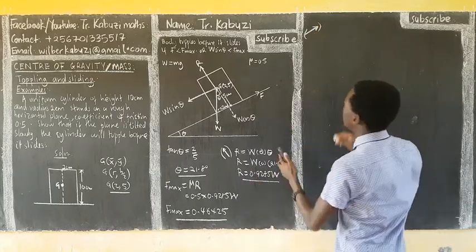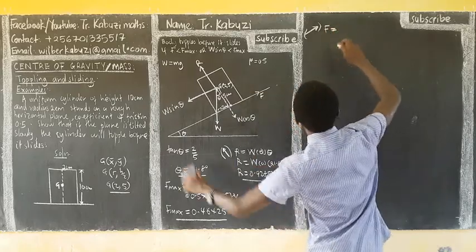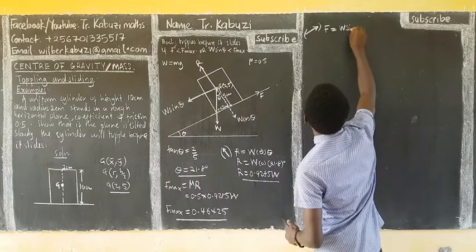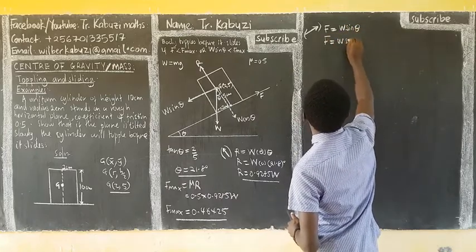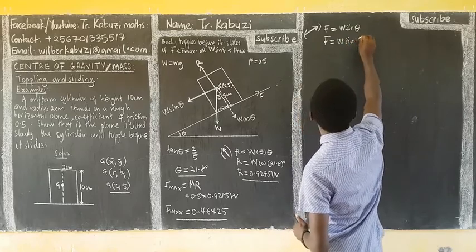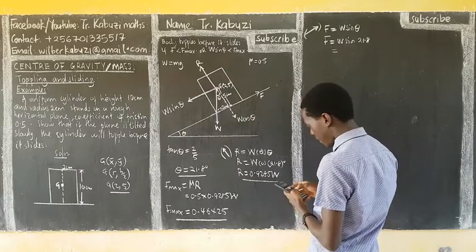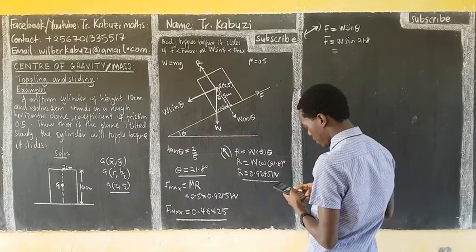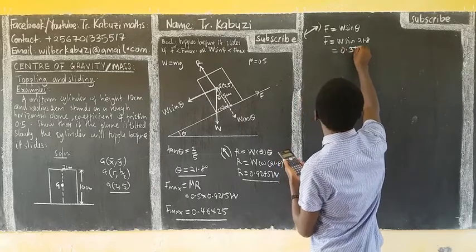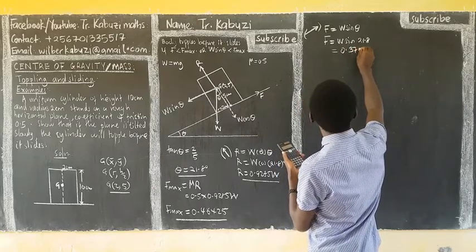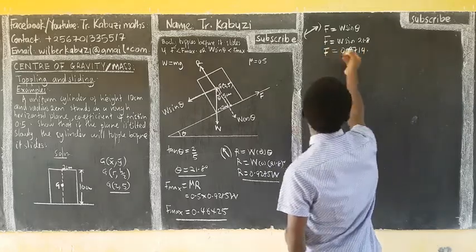Because it's in equilibrium, the force going upwards is equal to the force going downwards. So here my F is going to be W sin 21.8 degrees, which gives me 0.37 W. This is my F, and this is equal to that.